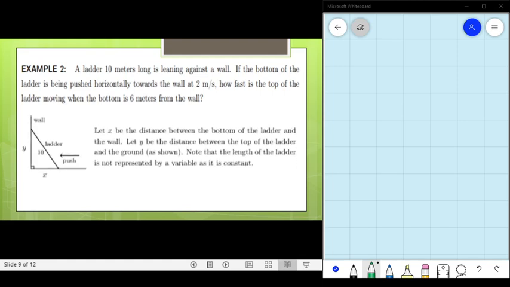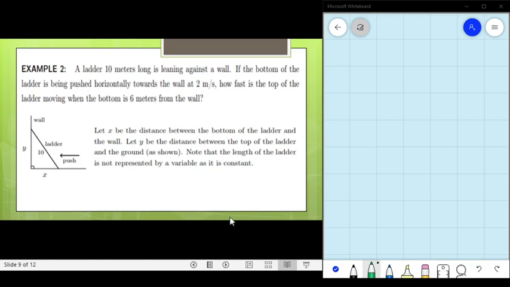So there is a ladder leaning against the wall. The ladder is 10 meters long, and we let x be the distance between the bottom of the ladder and the wall, and let y be the distance between the top of the ladder and the ground, as shown.